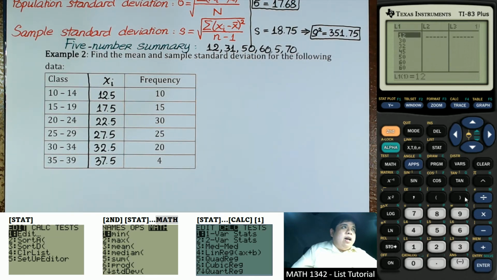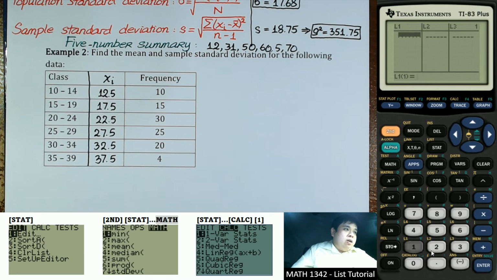So stat, edit. Now I have something there already. Just want to clear it. So hit clear and hit enter. Now enter these numbers: 12.5, 17.5, 22.5, 27.5, 32.5, and 37.5.